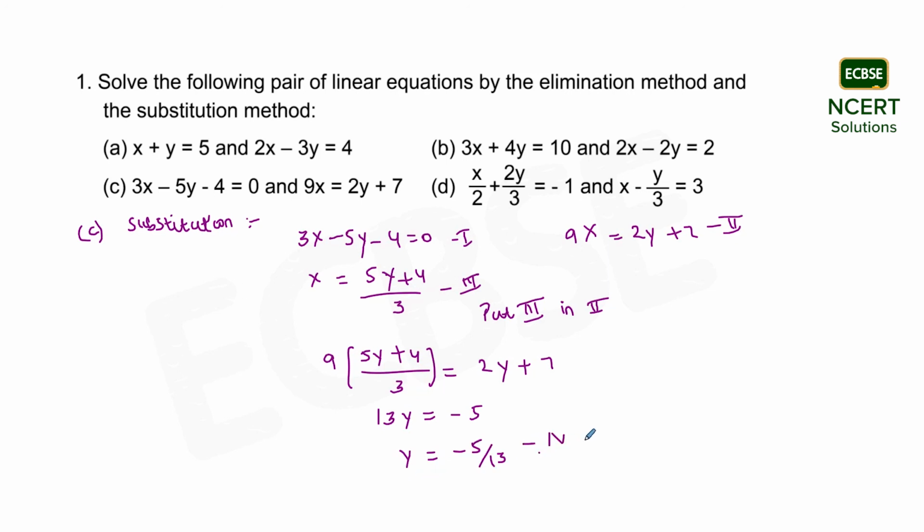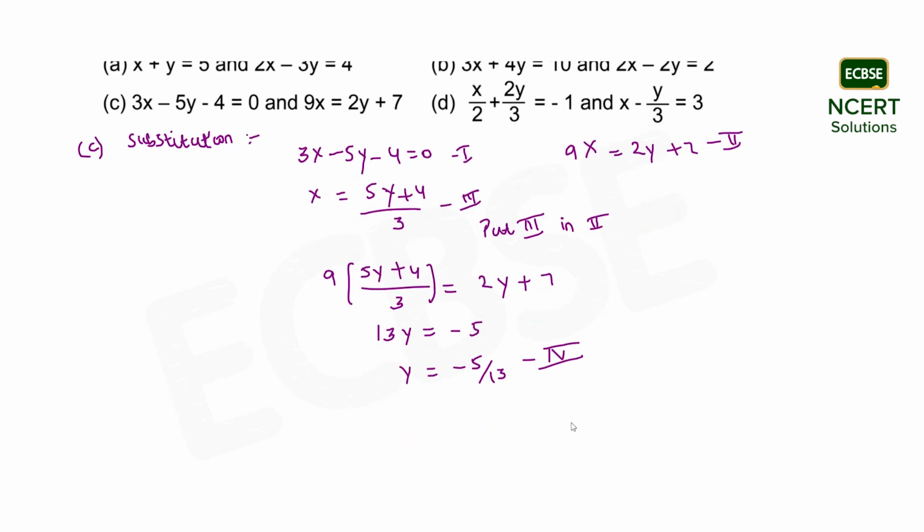Now I have obtained the value of y. The next step is to substitute this value of y in the third equation. Now substituting it, x will be equal to (5 into minus 5 by 13 plus 4) divided by 3, which comes out to be equal to 9 by 13.